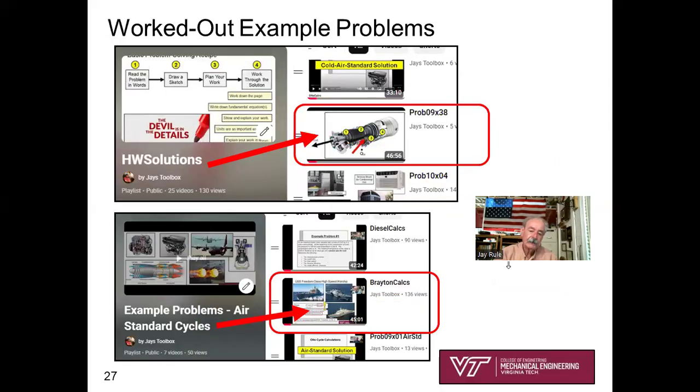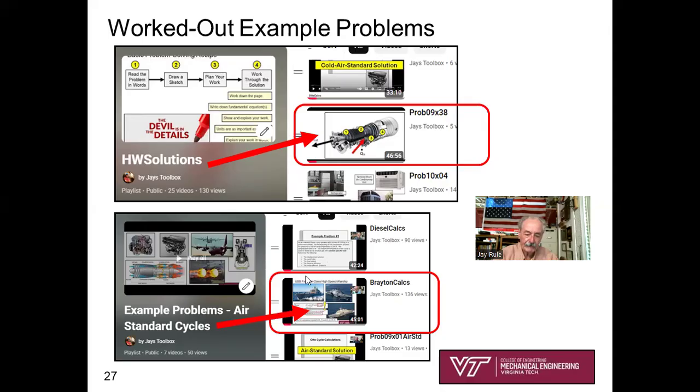Or if you're interested in a couple of fully worked out Brayton cycle, gas turbine engine analyses, go to Homework Solutions. I have fully worked out problem 938, and I believe I've worked it out both for the air standard analysis and the cold air standard analysis, and I believe I compared that. I'm not sure, but you might take a look at problem 938, fully worked out with numbers.